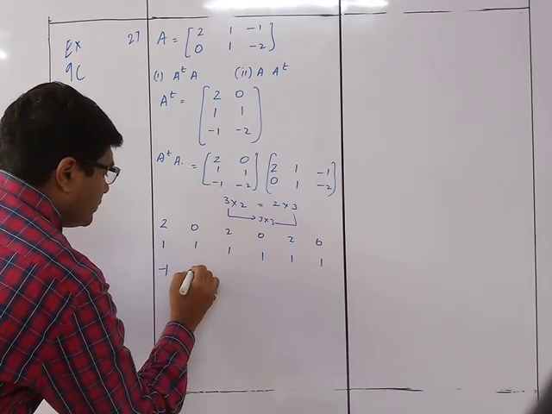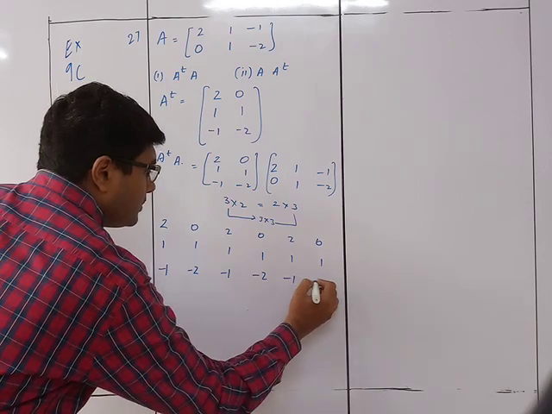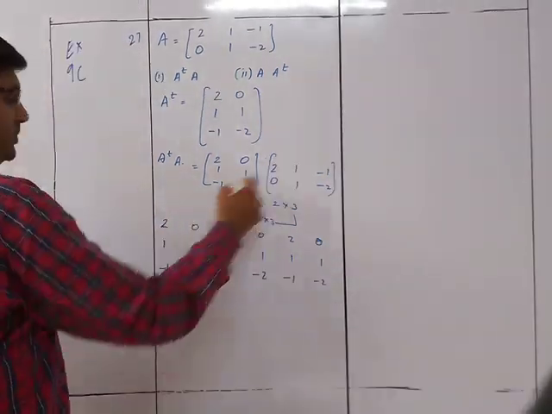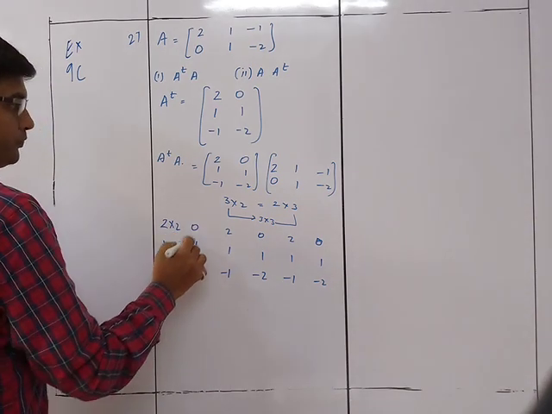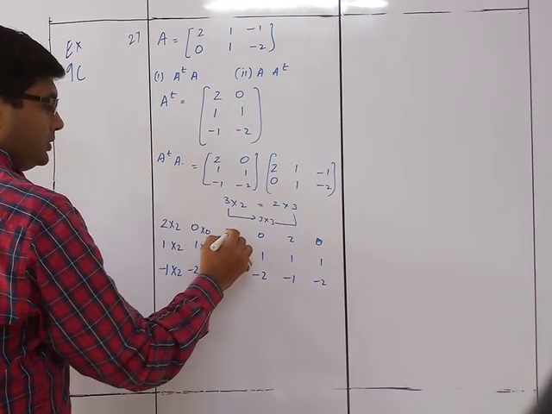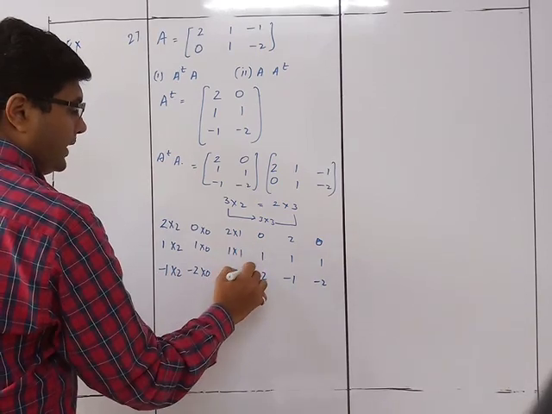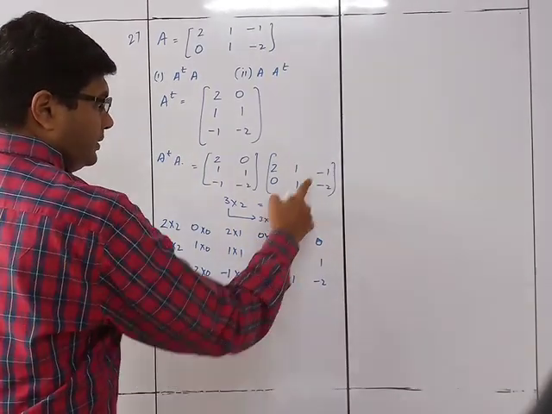I write it bigger because it was too small. Okay, so now we start from here. Into 2, into 2, into 2. Into 0, into 0, into 0. Into 1, into 1, into 1. Into 1, into 1, into 1.